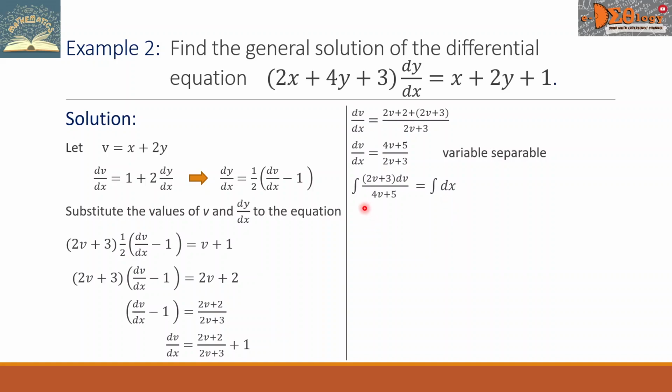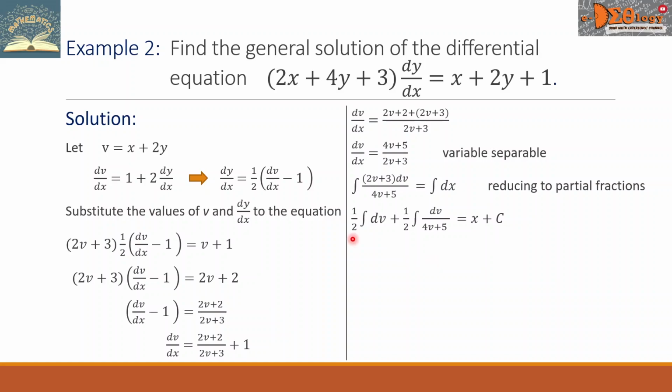On the left side, we will apply the partial fractions idea. So the left side now becomes 1/2 times the integral of dv plus 1/2 times the integral of dv all over 4v plus 5 equals, the right side now becomes x plus c.